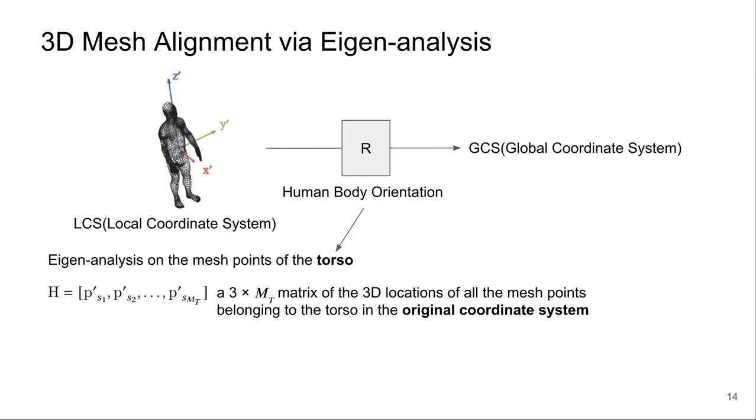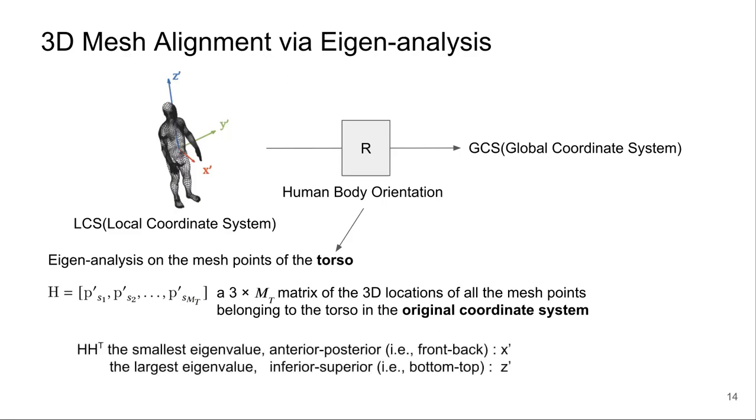If we run eigenanalysis on these points, the smallest eigenvalue would represent the anterior-posterior, front-back direction, which will be the x' axis in the LC, while the largest eigenvalue would indicate the inferior-superior, bottom-up direction, which is the z' axis, meaning that we have already found the solution to the problem.